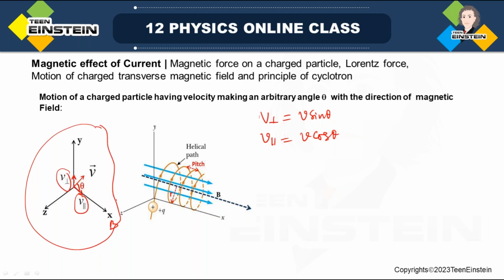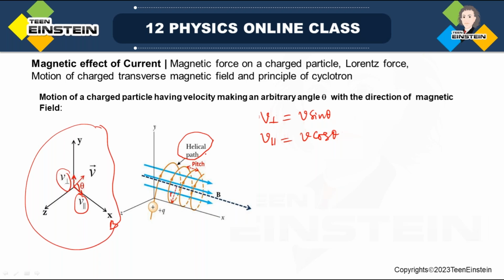So as I was discussing earlier, since the charged particle has two velocity components, one parallel to the magnetic field, another perpendicular to the direction of the magnetic field, the trajectory of the charged particle will not be circular. It will be something different, that is a helical path. The trajectory will be helical.